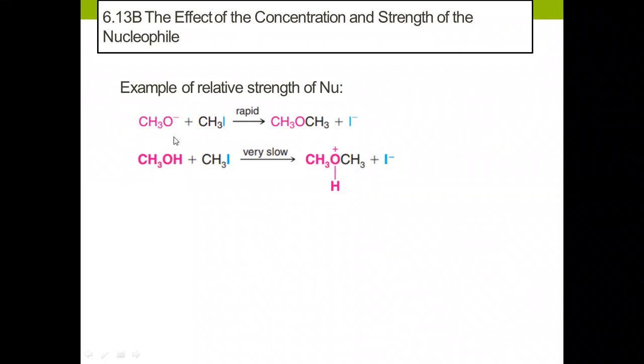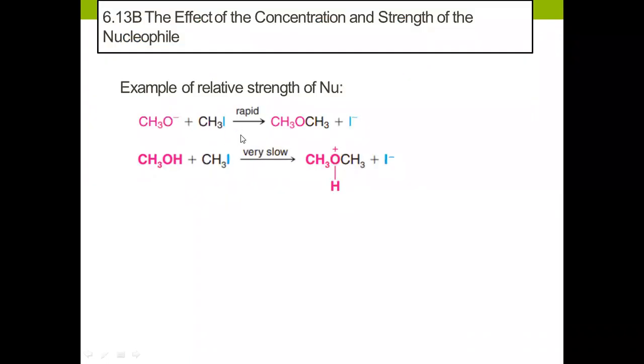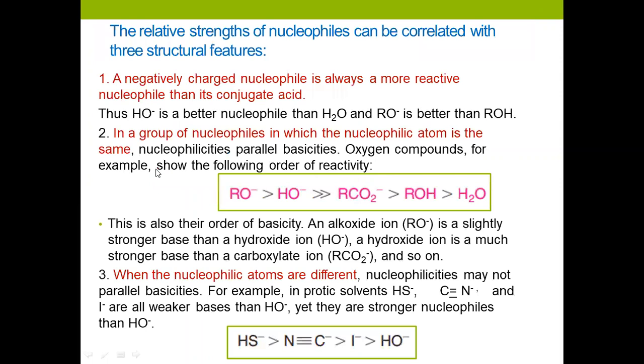Here the negatively charged one is always a more reactive nucleophile, and that's why you can see in this illustration that with the negatively charged nucleophile the reaction is very rapid as compared to a neutral nucleophile.